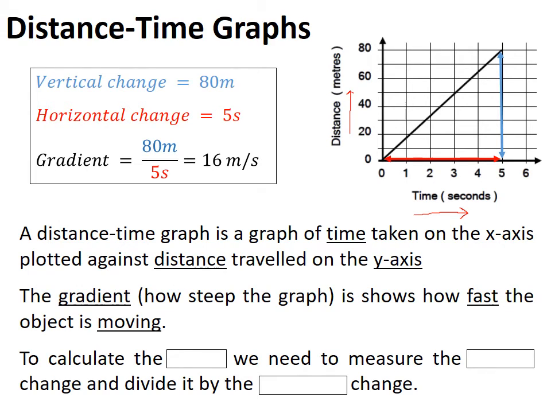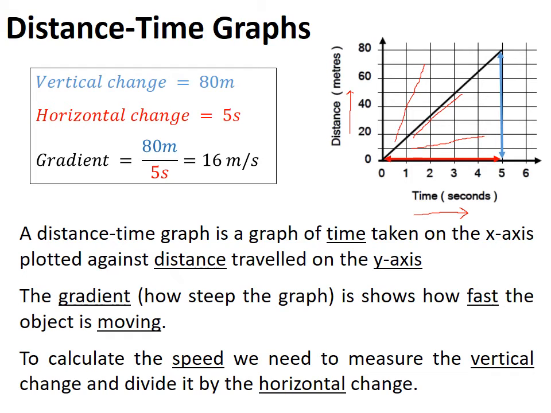So what is the gradient? The gradient is how steep this line is here. That would be very steep, that has a big gradient, and this has a very shallow gradient. Okay, going back down here again, to calculate the speed we need to measure the vertical change and divide it by the horizontal change.